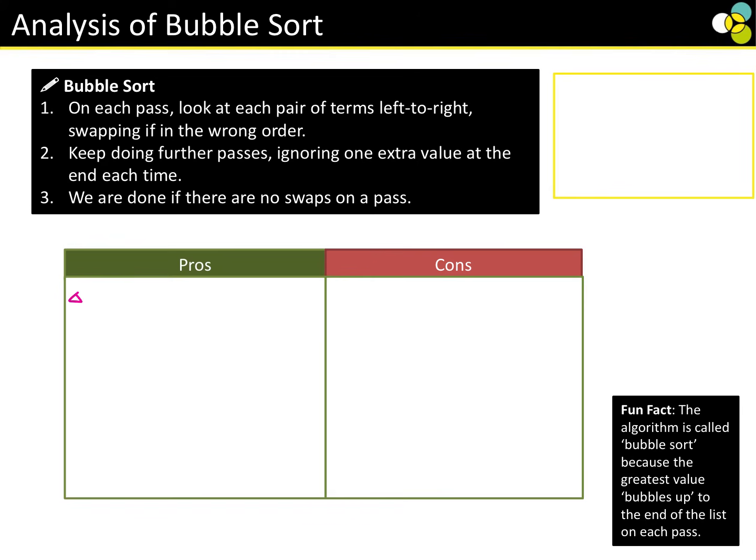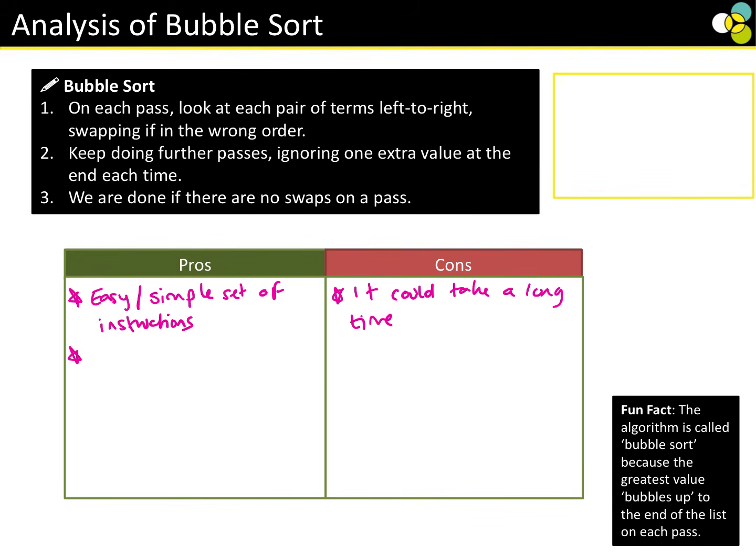Okay, so it is easy. It's easy to do. It's a simple set of instructions, isn't it? Okay. And then someone's put, it could take long. Absolutely. Could take a long time. We're going to look into why in a second.